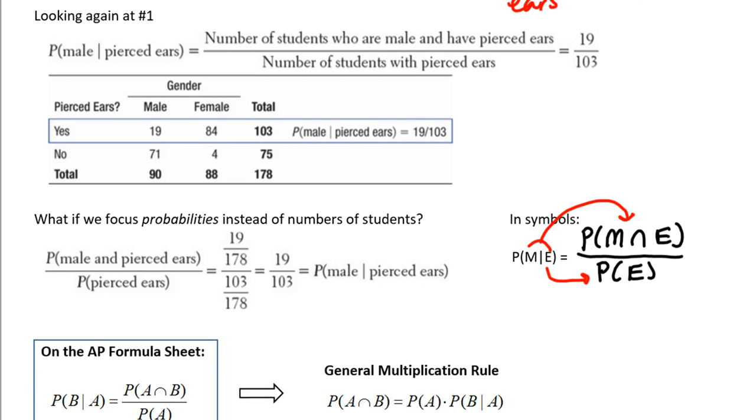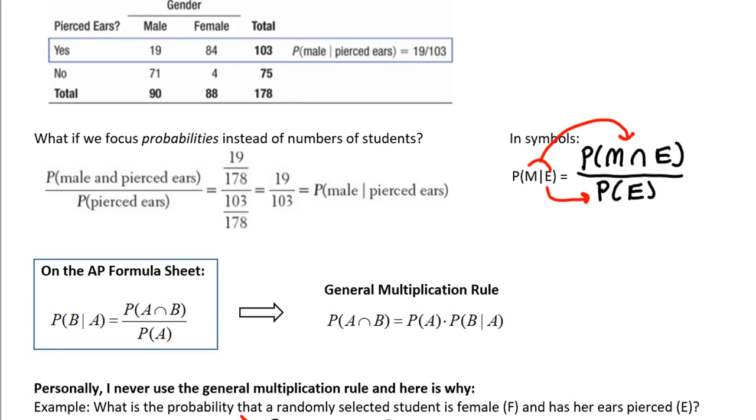What if we say the probability that a student is male and has pierced ears is 19 out of 178, and the probability that a randomly selected student has pierced ears is 103 out of 178. This still reduces to 19 over 103, but it allows us to write the probability as this statement: the probability of M given E is the probability of M and E over the probability of E.